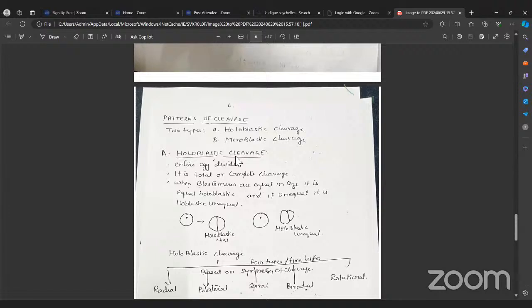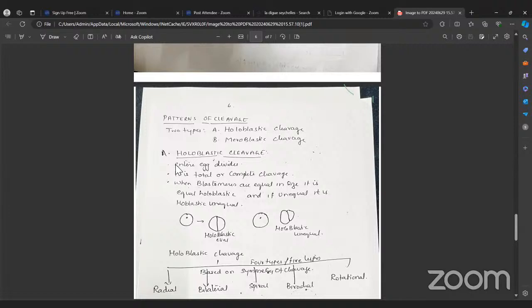Coming to holoblastic cleavage. In this particular cleavage, the entire egg will be dividing. That is, the amount of yolk is not influencing or restricting it. Even if you see a boiled egg, when you are cutting it with a knife, the white portion will cut very softly, whereas for the yolk portion you have to apply a little pressure because the protein is quite thick.